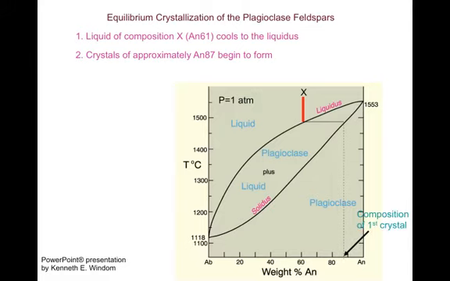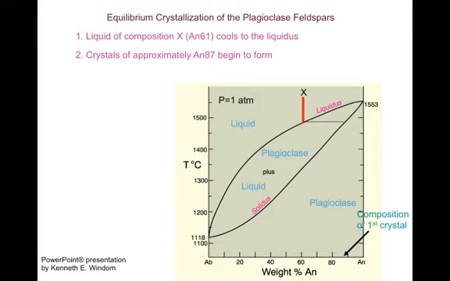We determine the composition of the crystals that come out as soon as this system reaches the liquidus by drawing a horizontal line from the liquidus to the solidus, and then dropping down a line to the x-axis where we read the composition of the first crystal.